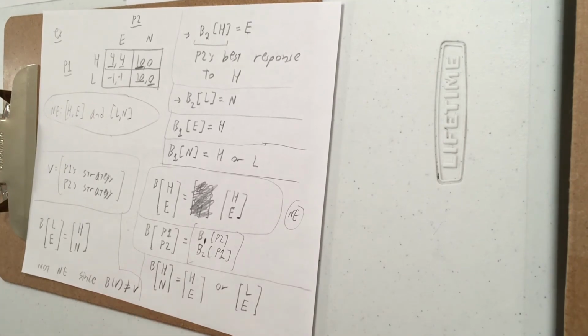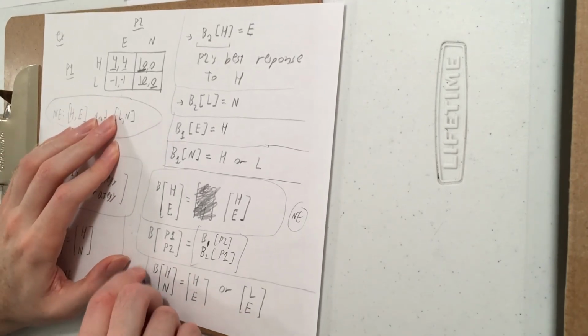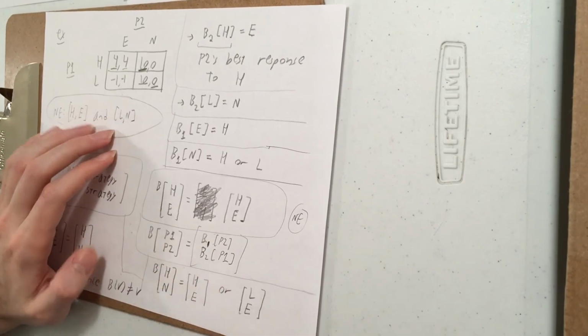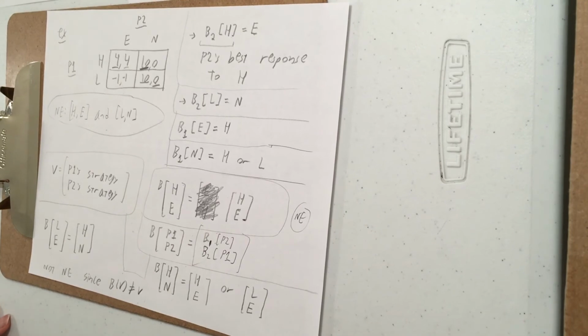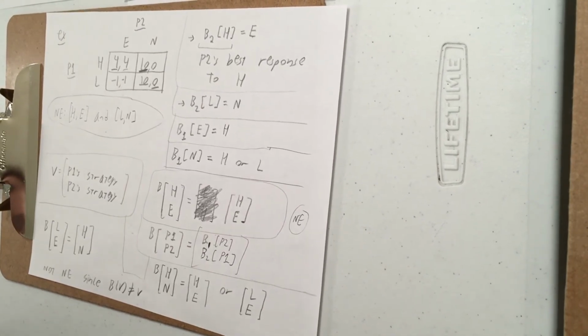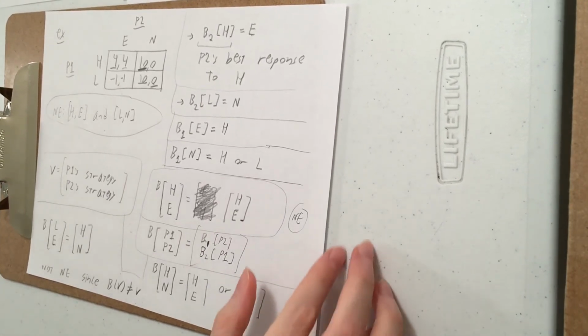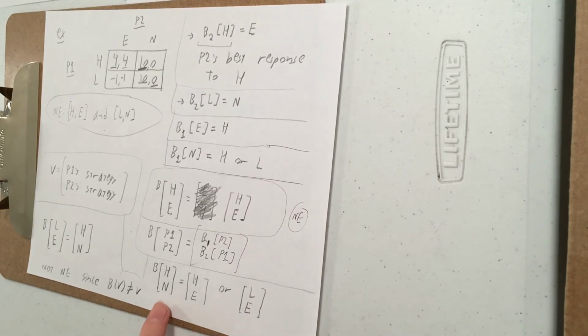I guess I could apply this to both, so I'll just erase that line there so you can see that. We have one last possibility. I'm just missing LN, I believe.